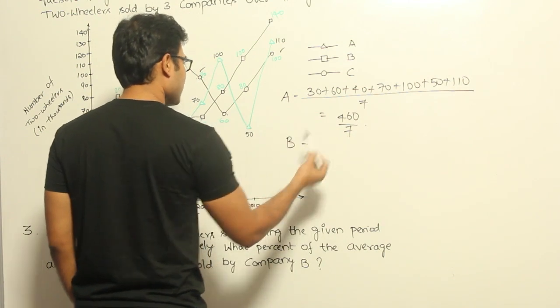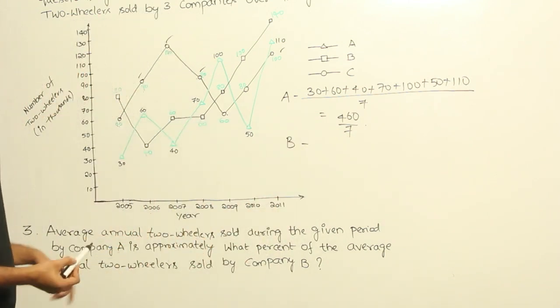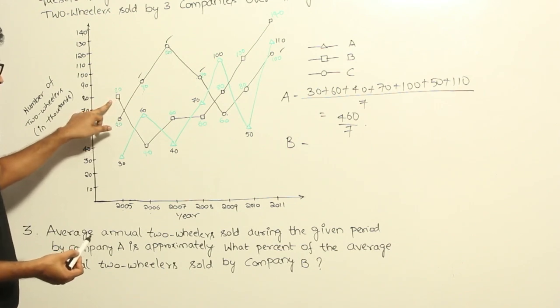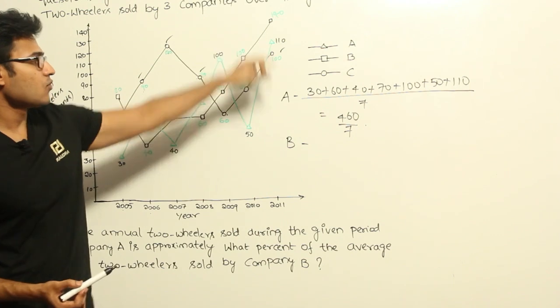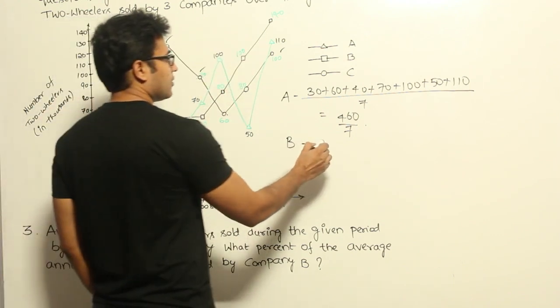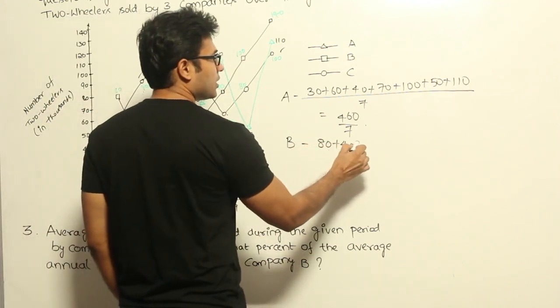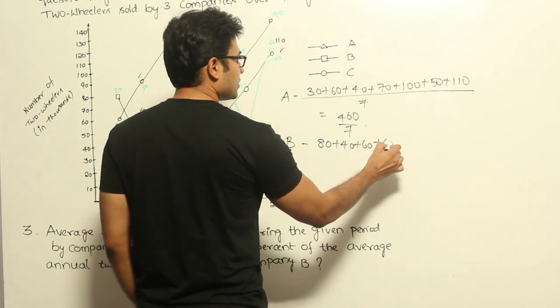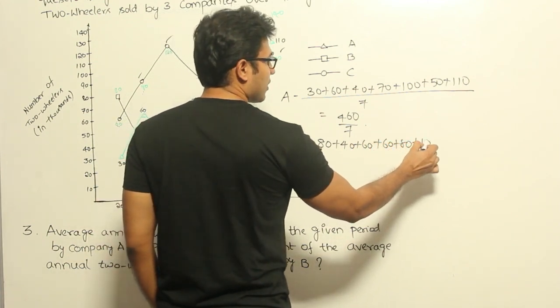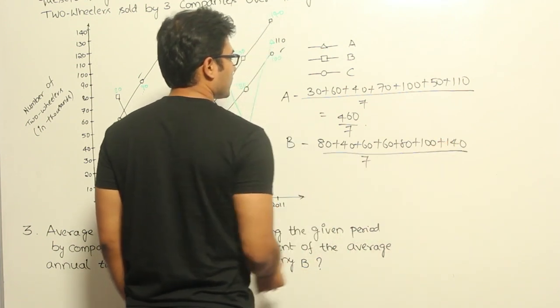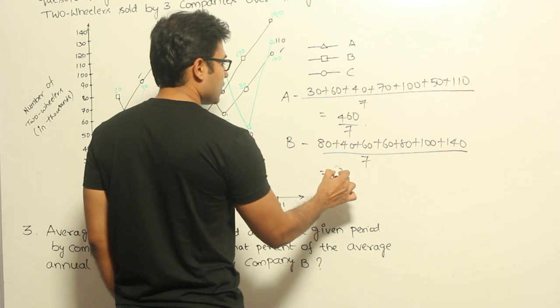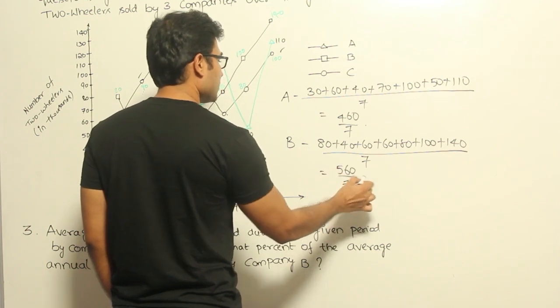And now compute B's average. B is represented by square. Now you can see squares here: 80, 40, 60, 60, 80, 100, 140, right? Therefore 80, 40, 60, 60, 80, 100, 140 divided by 7, so this one is going to be 560 divided by 7.